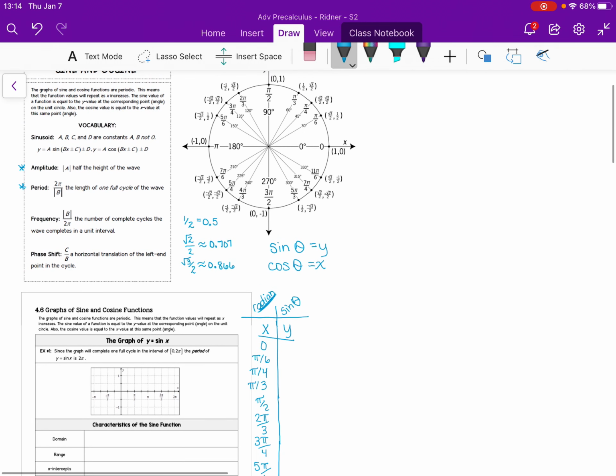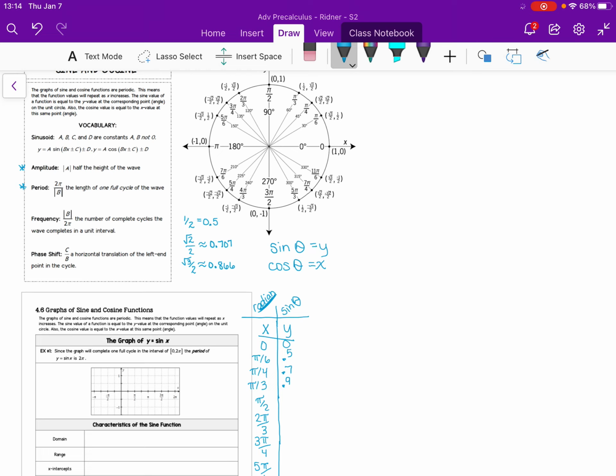So if I zoom out a little bit, it might get a little small to read. But if I'm looking at the y value at 0 degrees, it's 0. At pi over 6, it's 0.5. At pi over 4, it's 0.7. Again, I'm using those rounded numbers because those are easier to graph than thinking of something crazy like square root of 2 over 2. Pi over 3 is approximately 0.9.